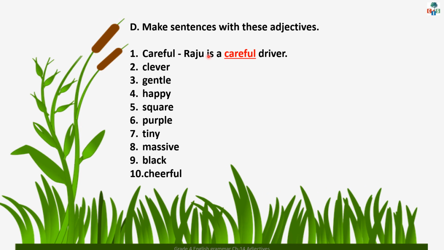So like this you have to frame the sentences where the adjective should come. Second, clever. Yes, the crow was clever. The fox was clever. Rani is a clever girl. So like this, you can frame your own sentences.